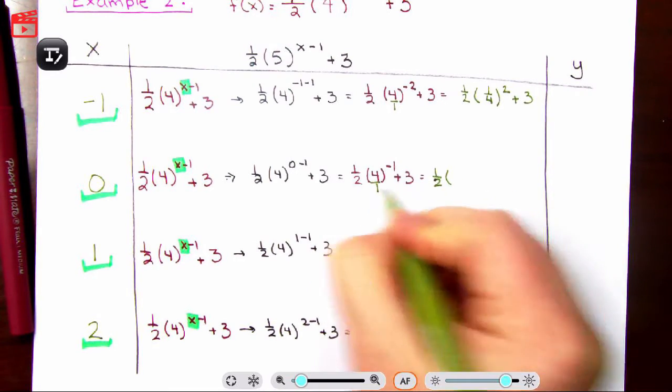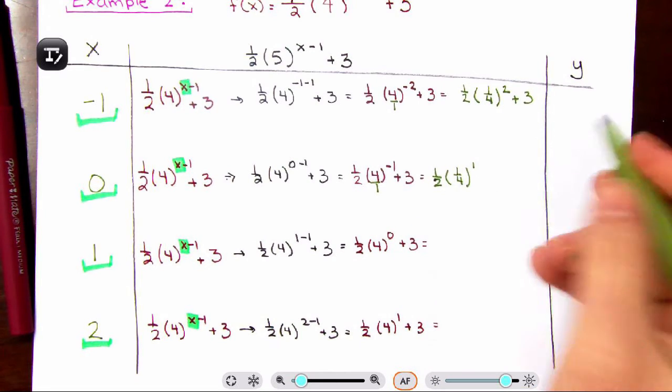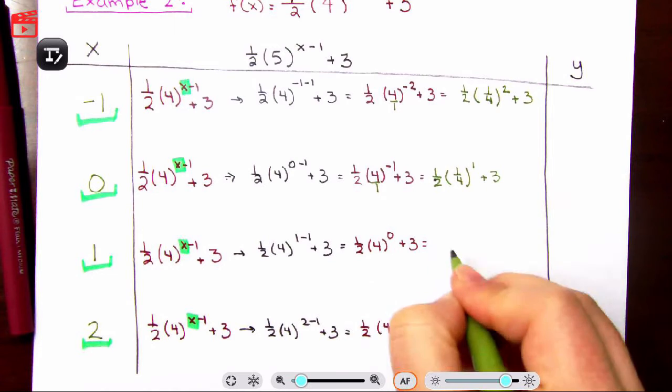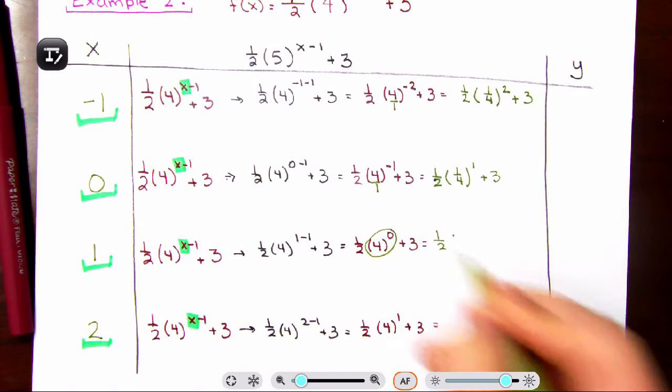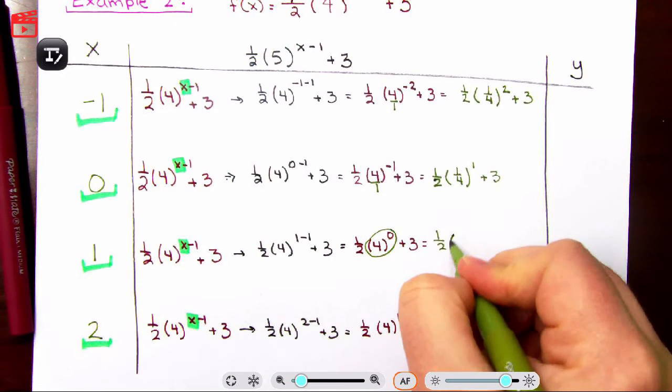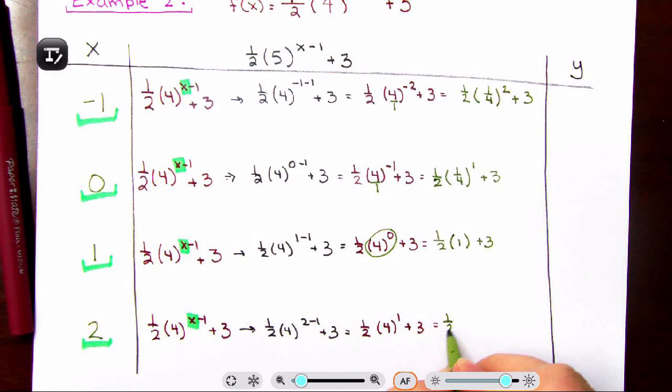So I'm going to make this a fraction, flip the fraction, keep the exponent as a positive. 1/2 times 4 to the 0 power. Anything to the 0 power is 1. And I have 1/2. 4 to the first power is just 4 plus 3.